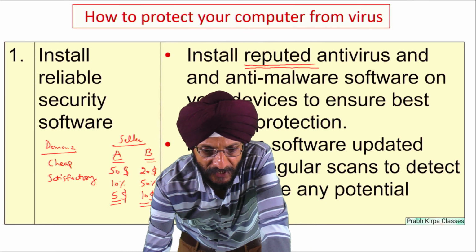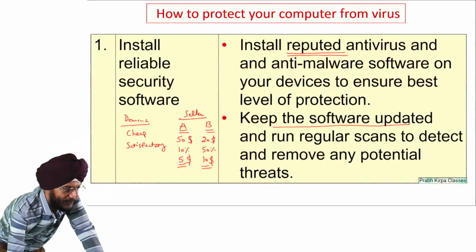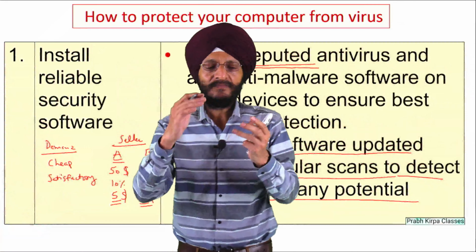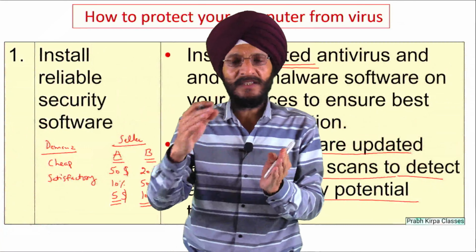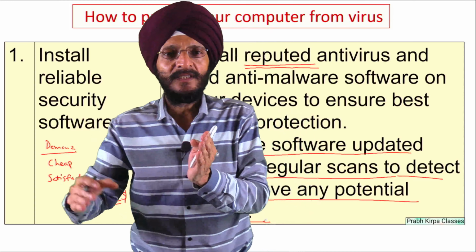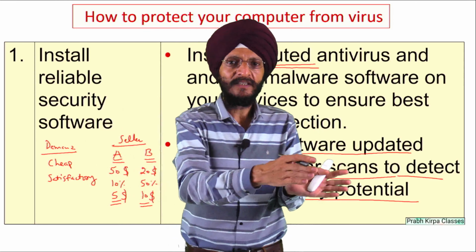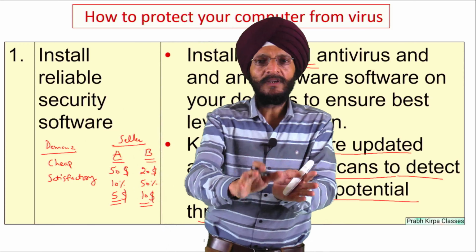Now the other point is keep the software updated and run regular scans to detect and remove any potential threats. It may be possible that your computer system runs automatic scanning, say after 2 days or 3 days, as you have permitted to your system.